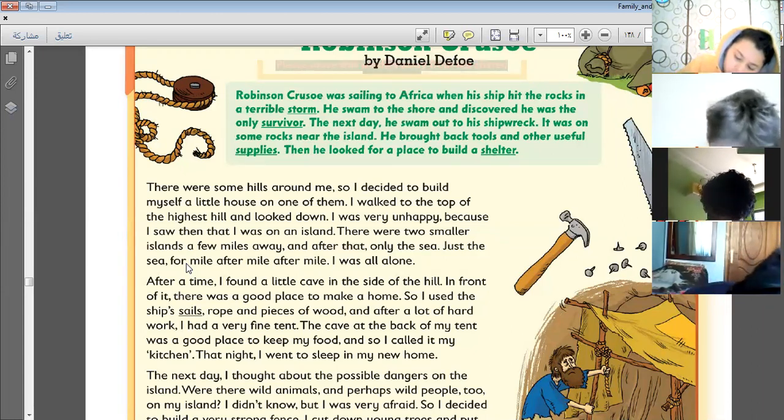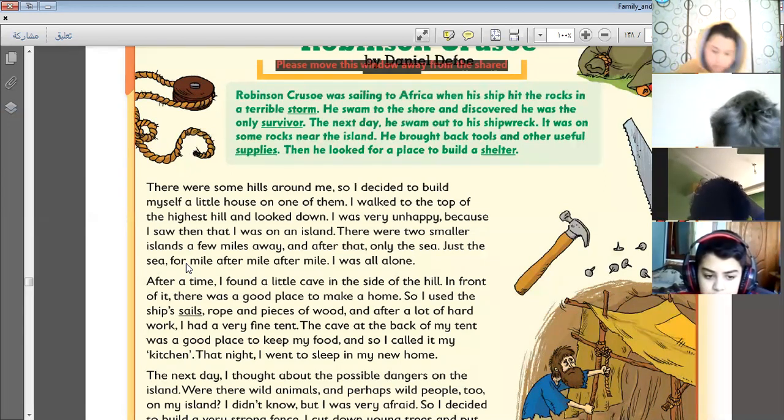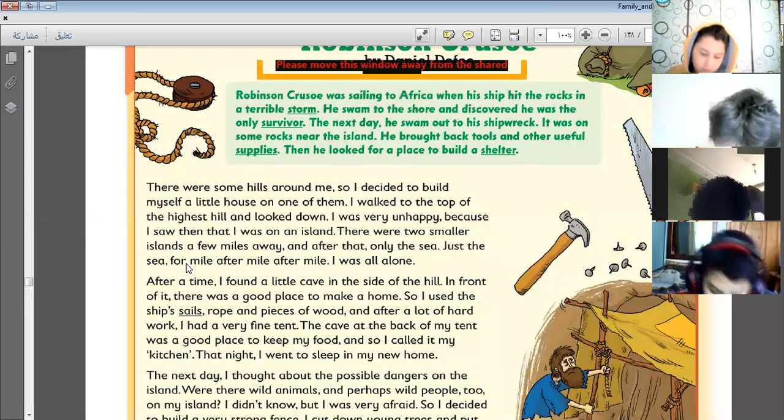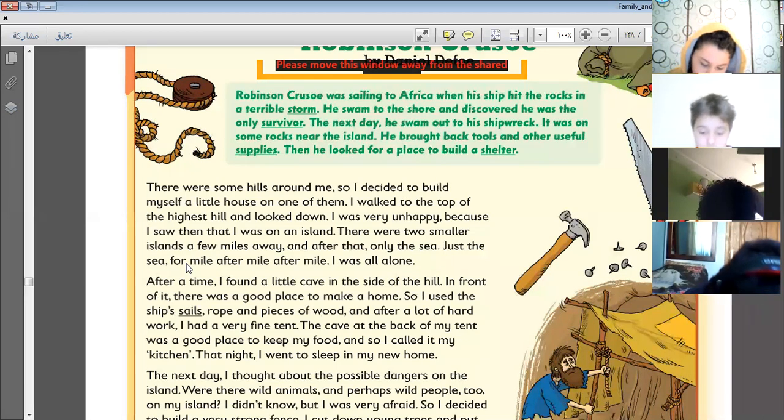Write V2 above it. So this is 1. And walked in line number 7. Teacher, looked. Looked, at line number 8. Yes. It's also verb 2.